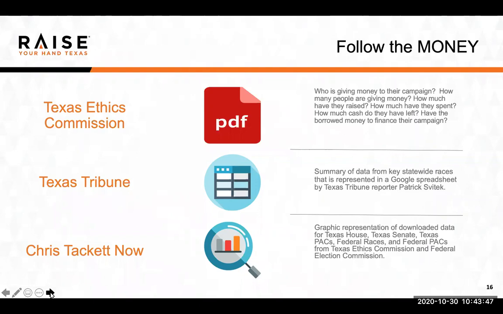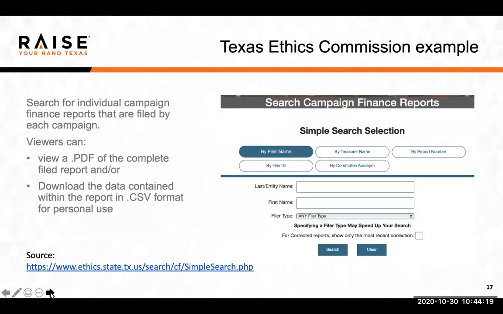The third is called Chris Tackett Now, a graphic representation of downloaded data from the Texas Ethics Commission for state level races and the Federal Election Commission for federal races. The data is presented graphically so that it is turned into information, and you can look at relationships more easily.